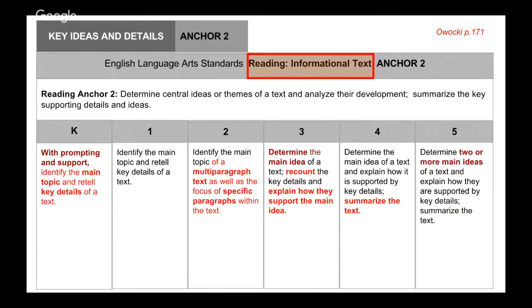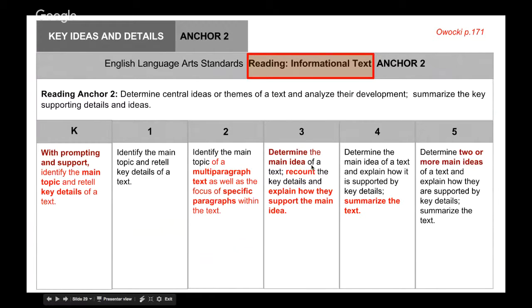Standard 9, looking at informational text type. Again, we can kind of spin off of standard 2 because 2 and 9 are directly related. We're looking with prompting and support in standard 2 at your main topic and key details. First grade takes away the prompting and support. Second grade, you're looking at the main topic of a whole piece, but also of the specific paragraphs within that total text.